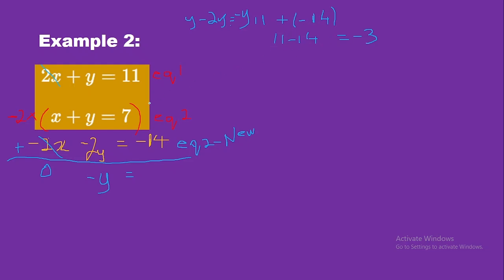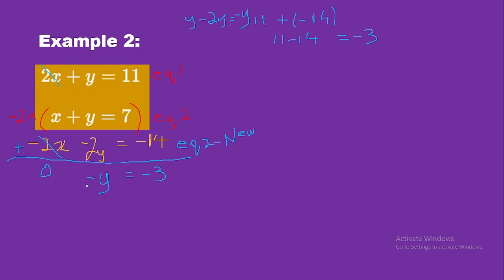So 11 minus 14, or 11 plus negative 14, you're going to be left with negative 3. So we have y is equal to negative 3.